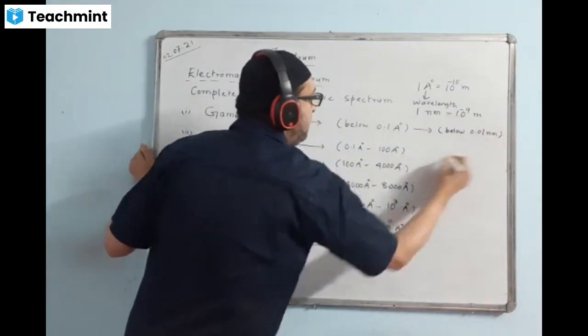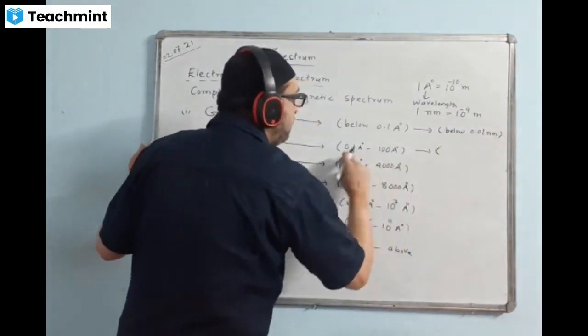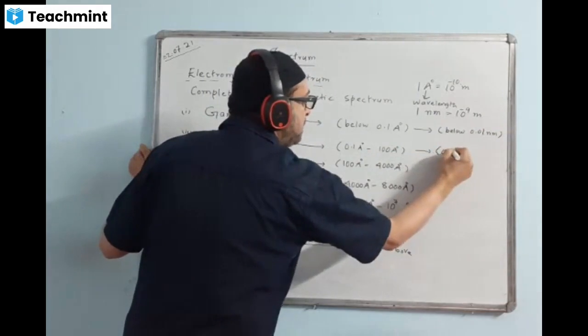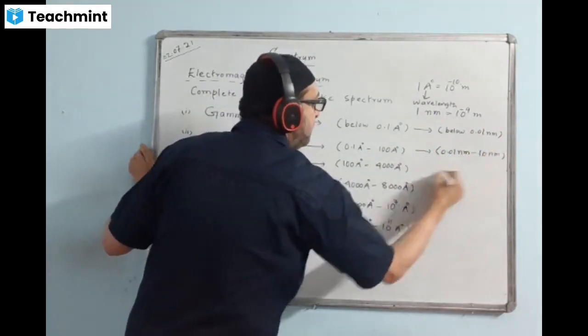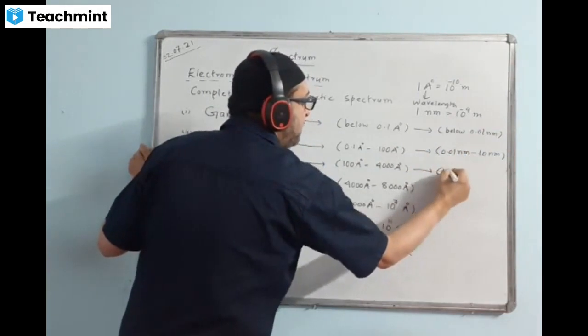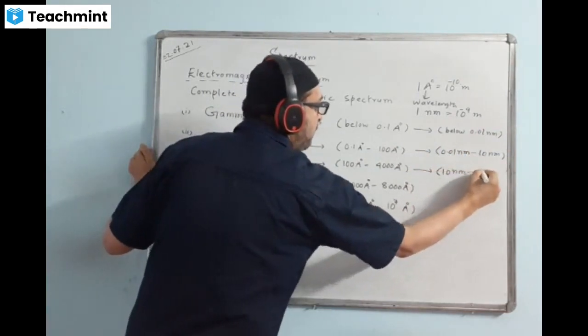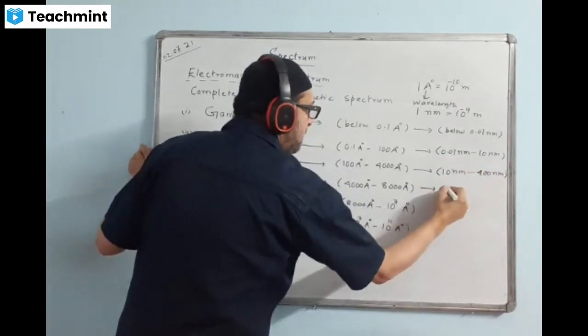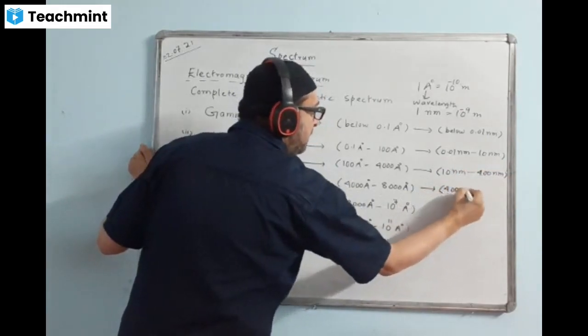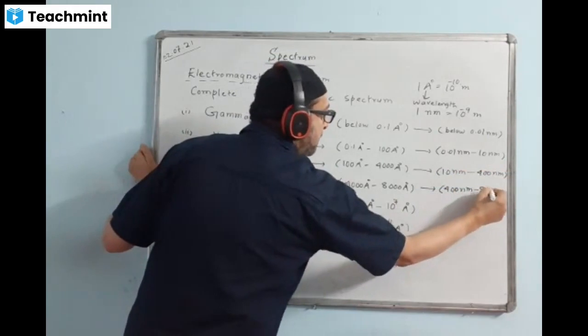We divide by 10 on both sides. X-rays: 0.01 nanometer to 10 nanometer. UV: 10 nanometer to 400 nanometer. Visible light: 400 nanometer to 800 nm.